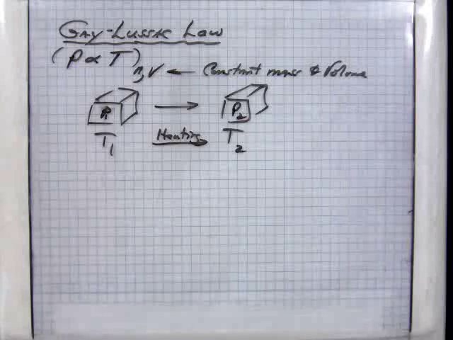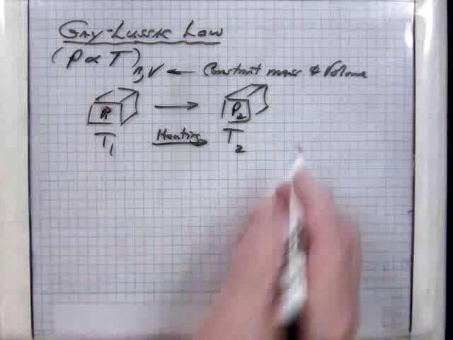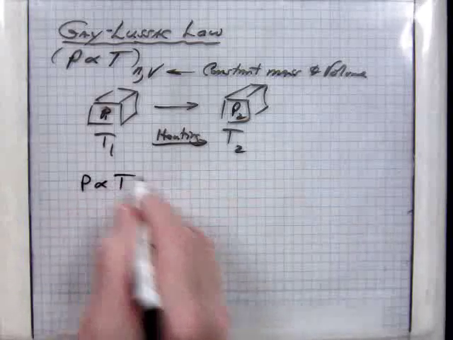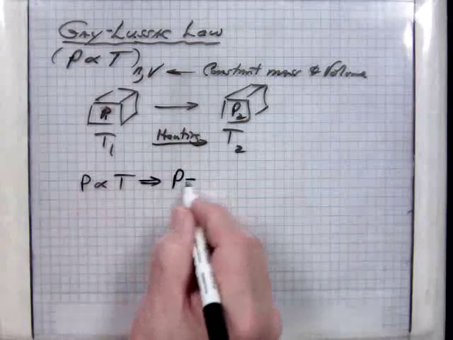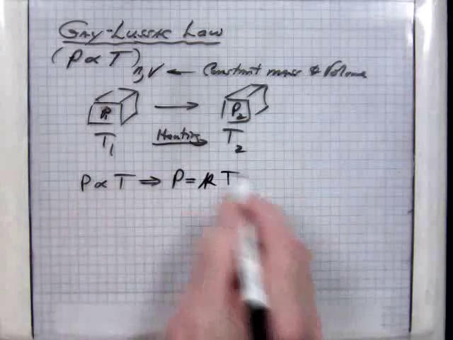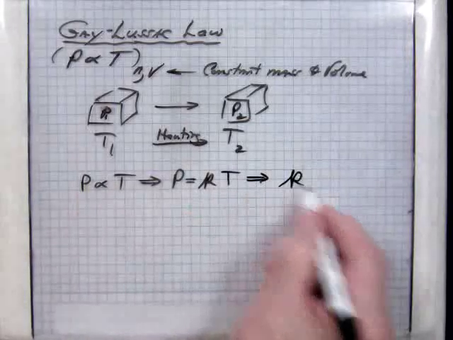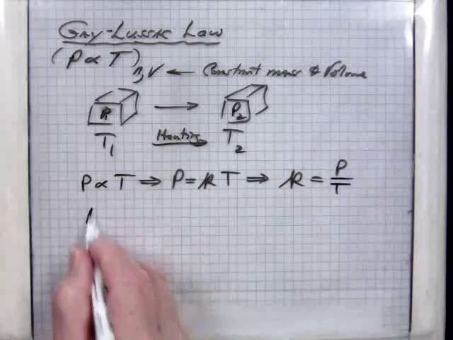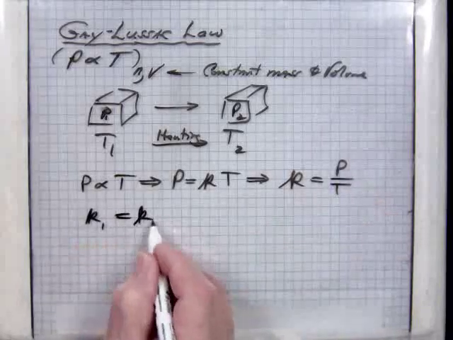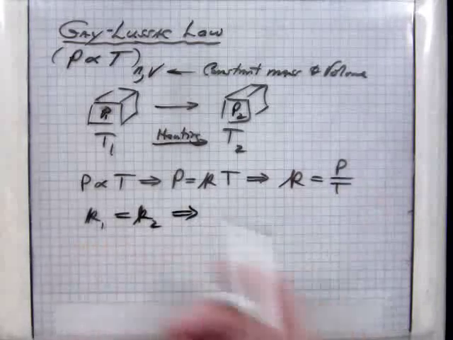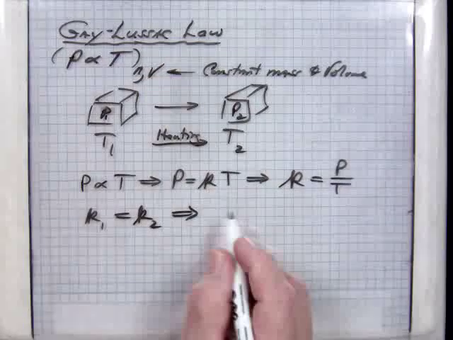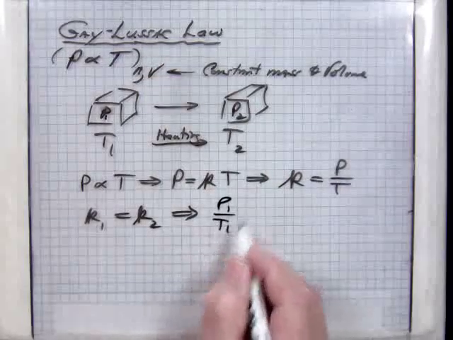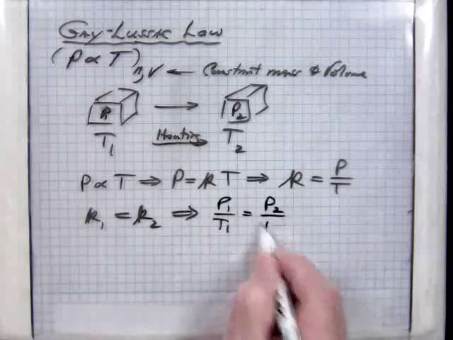Heat the gas, the pressure goes up. So pressure is directly proportional to temperature, which gives pressure equals, and we put in our proportionality constant, then solve for the constant, and that's pressure over temperature. Well, K1 always equals K2, and this gives the empirical gas law form of Gay-Lussac: P1 over T1 equals P2 over T2.